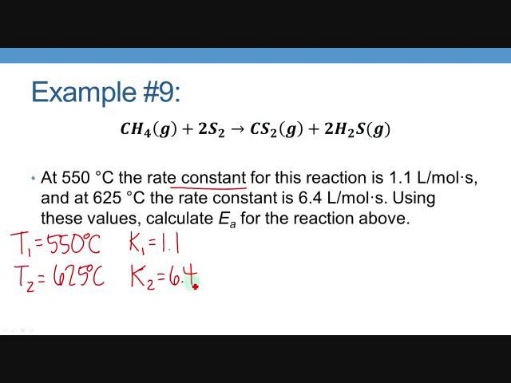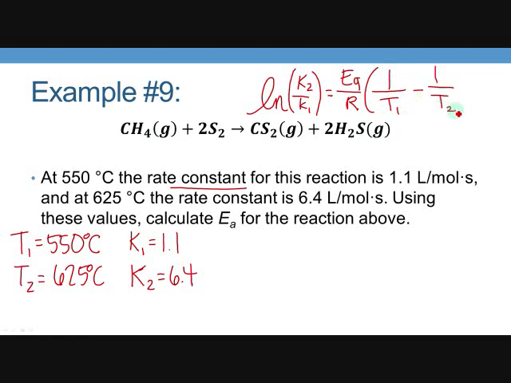That tells me I'm going to use the second equation we were given before example 8 that relates both of them: the natural log of K2 over K1 equals positive activation energy over R times the inverse of temperature 1 minus the inverse of temperature 2. We will use that equation to solve for our activation energy this time.